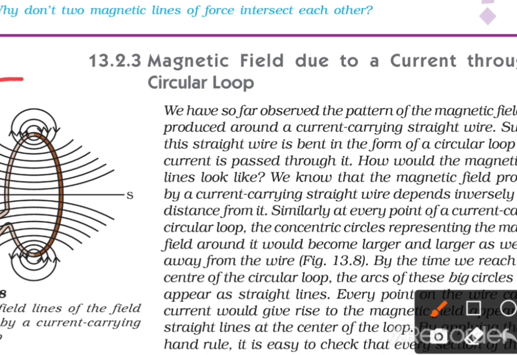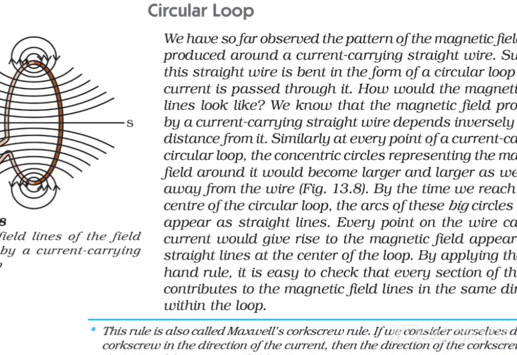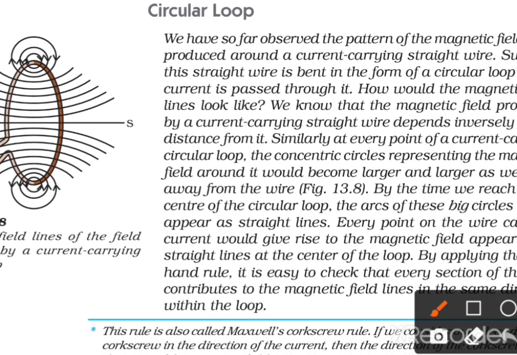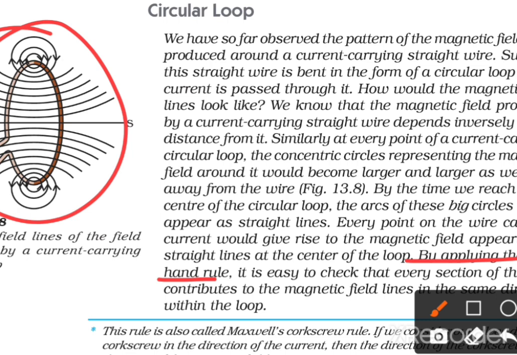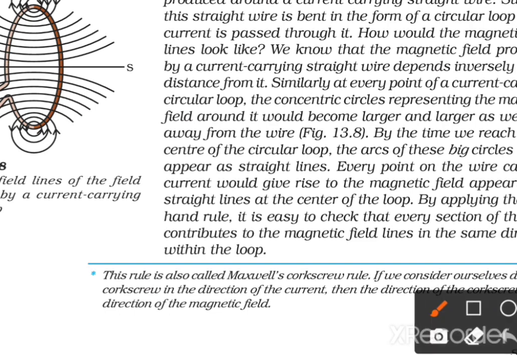And this is the magnetic field around a circular loop. By applying the right-hand rule, we can find the direction of the magnetic field around a circular loop. And this is a very important point: the magnetic field lines are in the same direction within the loop. So within the loop, the magnetic field directions are the same.